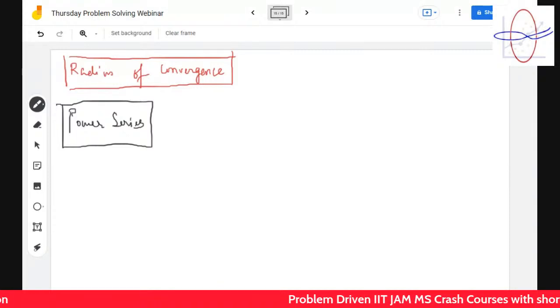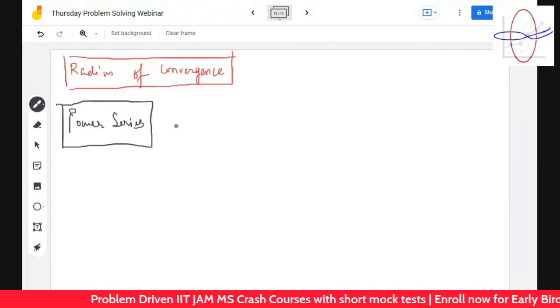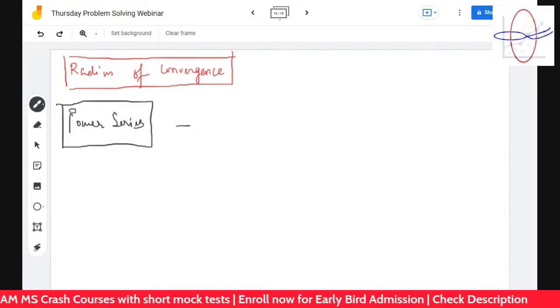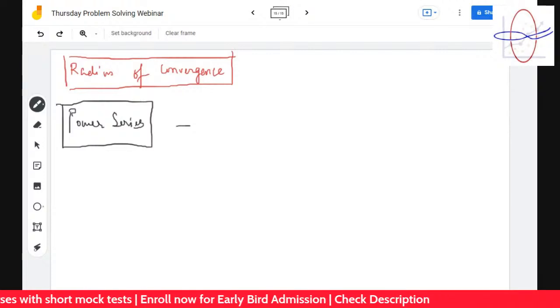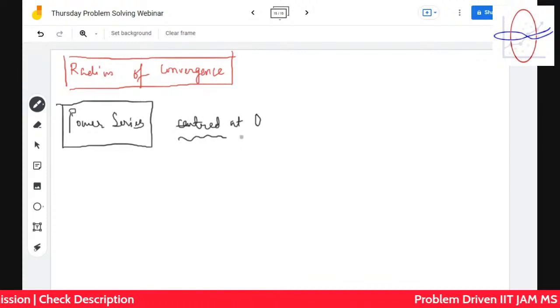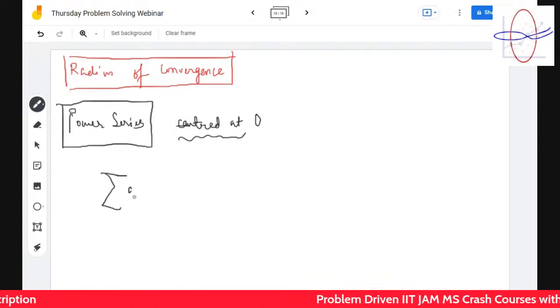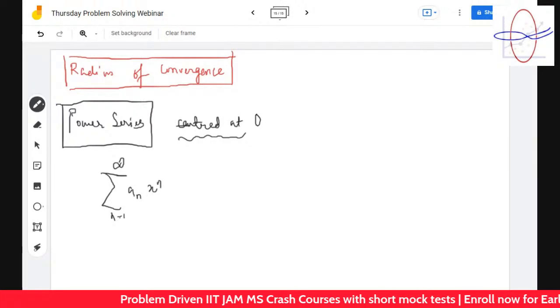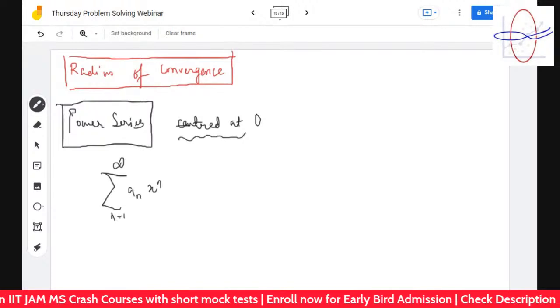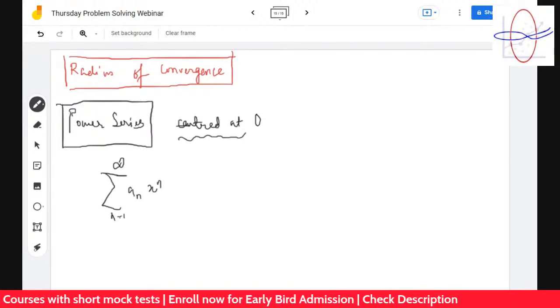Okay, so what is a power series? A power series is centered at 0. This is the center of the power series. It is of the form summation of a_n x to the power n from 1 to infinity. This is the power series format. This is what a power series is.